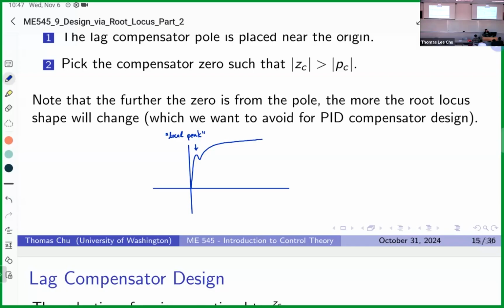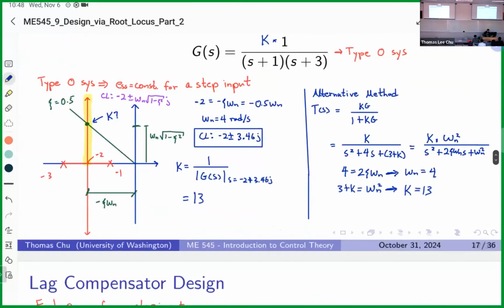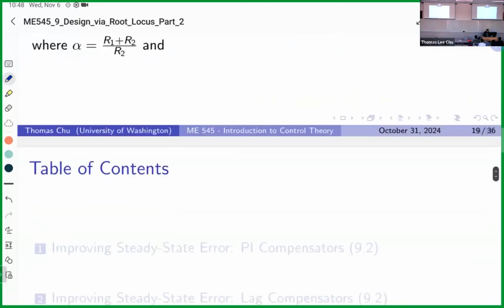I wouldn't worry too much about that though. Just something that I observe is that we're just seeing the more dominant pole, which is close to the origin, showing its main behavior, I guess. All right, so that's lag compensator design.